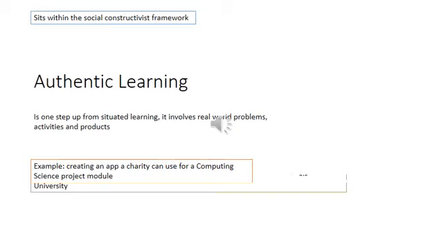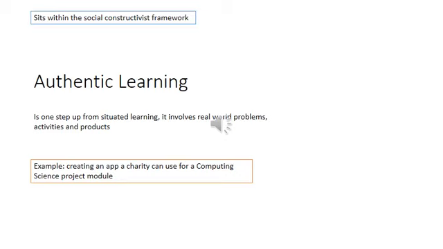So last but not least, authentic learning, which also sits within that social constructivist framework, is basically one step up from situated learning. So in situated learning, we create meaningful experiences for the students, but in an as-if activity. When you think about children, when they play house or they play school or they play robber and policeman, these all are as-if activities.